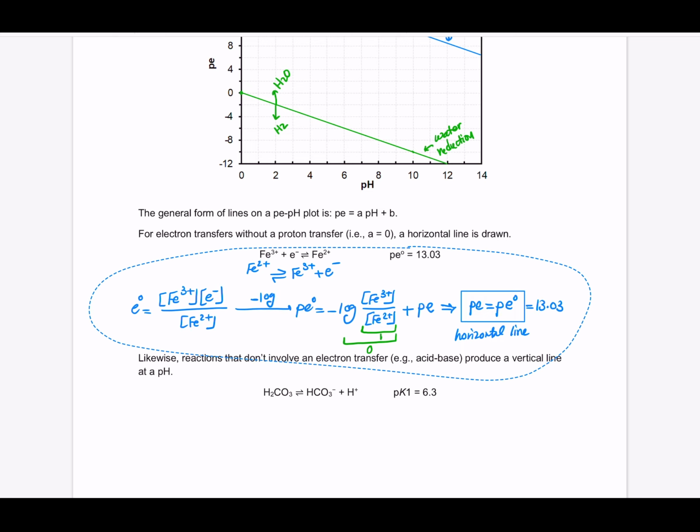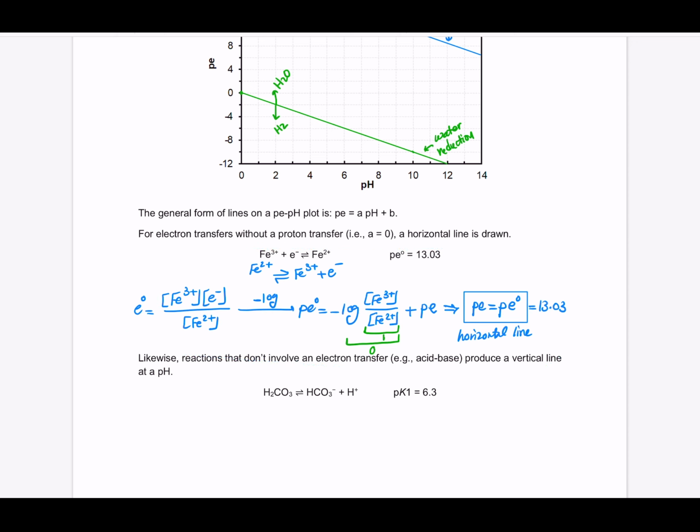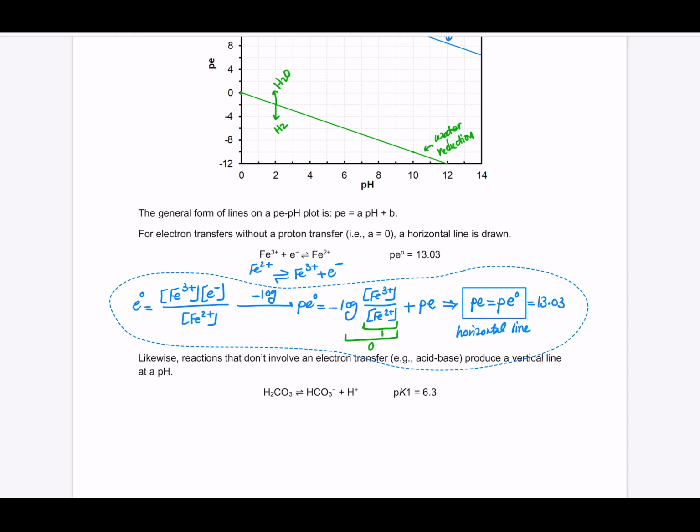So for a simple redox reaction with no proton involved, what we're getting is a horizontal line. So you'll see some of the examples later. And the reason is basically this one, because eventually if we rearrange the equilibrium expression, we would get to that.